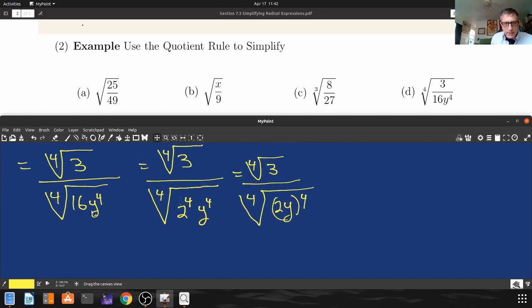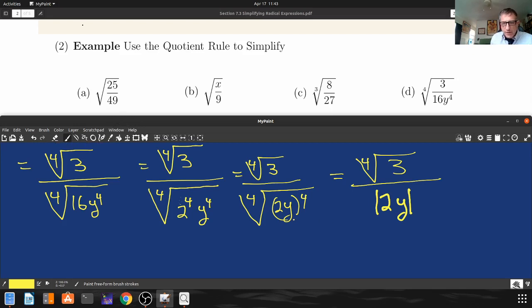And if you understand and you saw way back here the final answer, you don't have to go through all of these steps. But all of these steps help you see and derive things. If you don't see it, you can try it. And let me be quiet and write here, using exactly what I just discovered. So the fourth root of some number raised to the fourth is 2 times y, and that has to be in the absolute value.